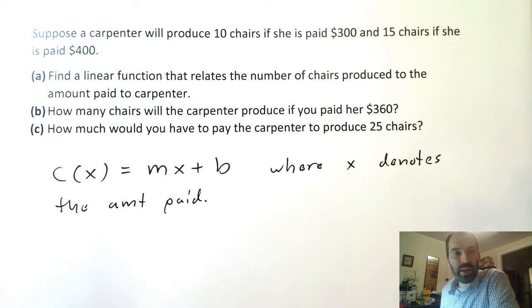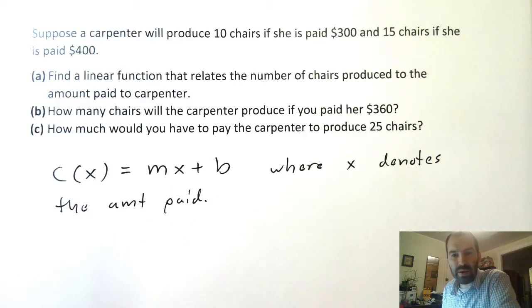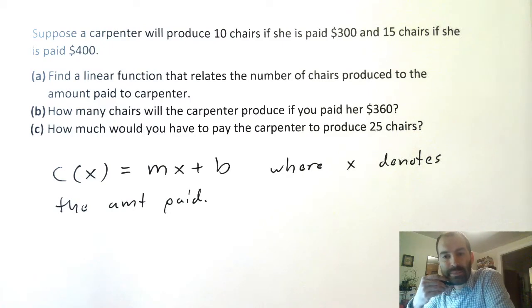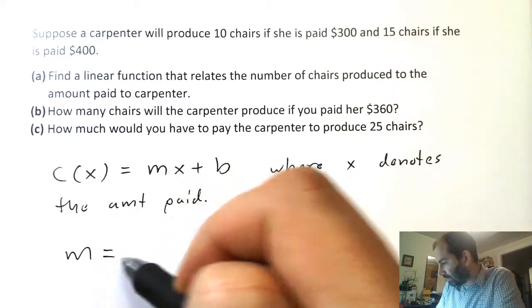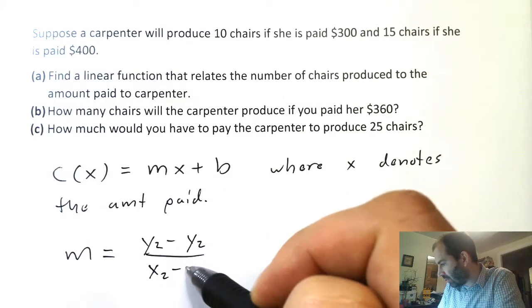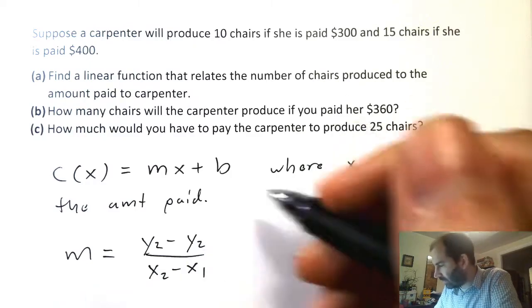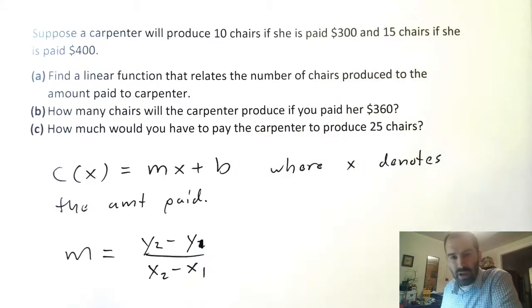Now to find the linear function, we need to determine what the m and the b are. m is the slope of the line, and that's the change in y over the change in x. So we need points, x1, y1 and x2, y2.